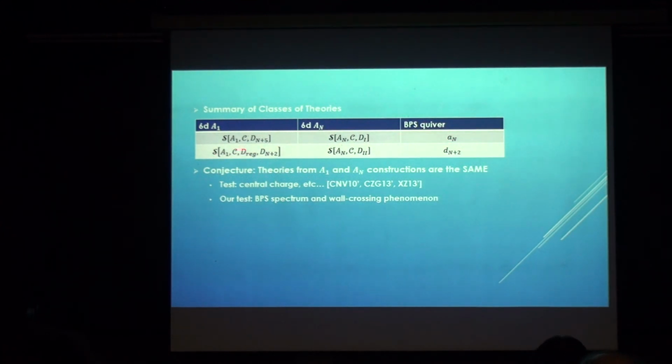We can have some other cases, and again from two different constructions we arrive at the same series. So there are tests of this conjecture that different constructions give you the same series. One test is testing the central charge and some other things. Our test is computing the BPS spectrum, and these two different constructions actually give you the same BPS spectrum.